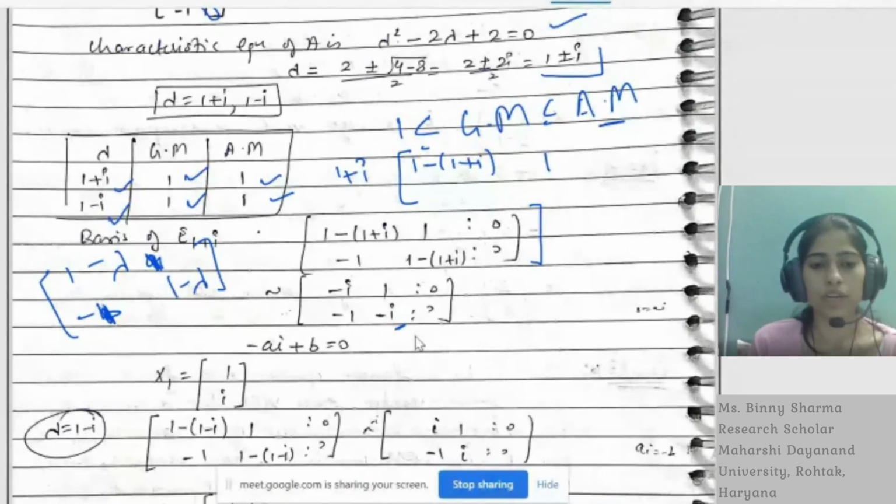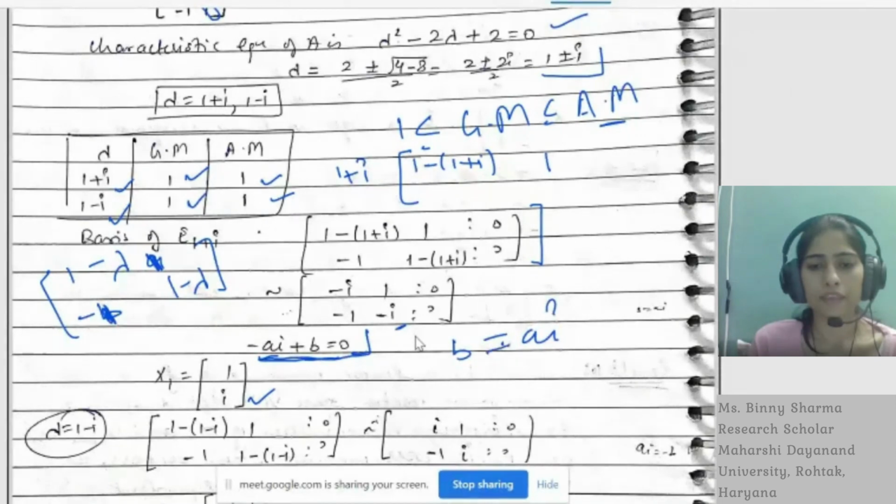So minus a iota plus b equals 0. After solving this linear equation we get an eigenvector x1 equals (1, iota). Here there is only one free variable, and the free variable decides the dimension of the homogeneous system.